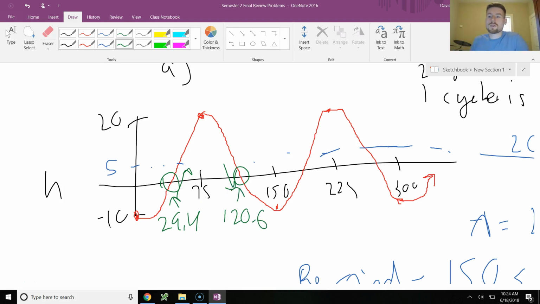That matches what our graph looks like, and you can evaluate it on the calculator to check. It's a long problem with a lot of parts, particularly solving at the end once you have your function. Let's move on to the next question.